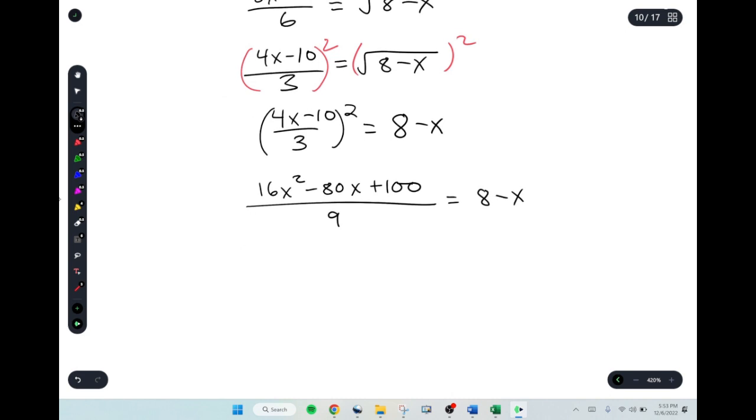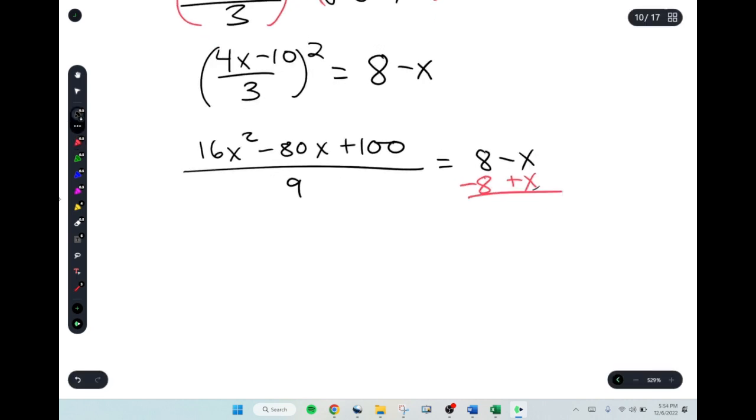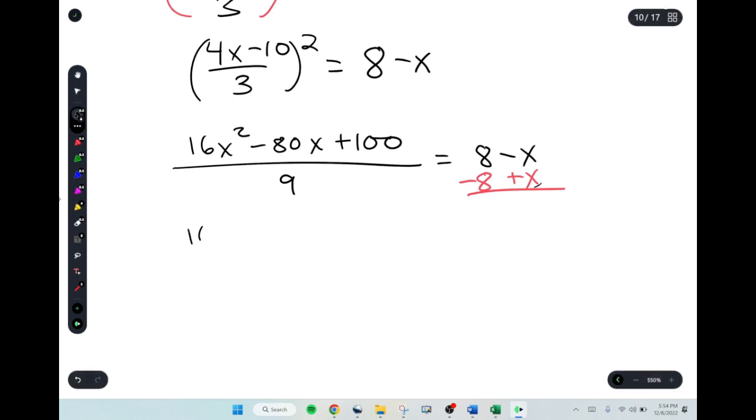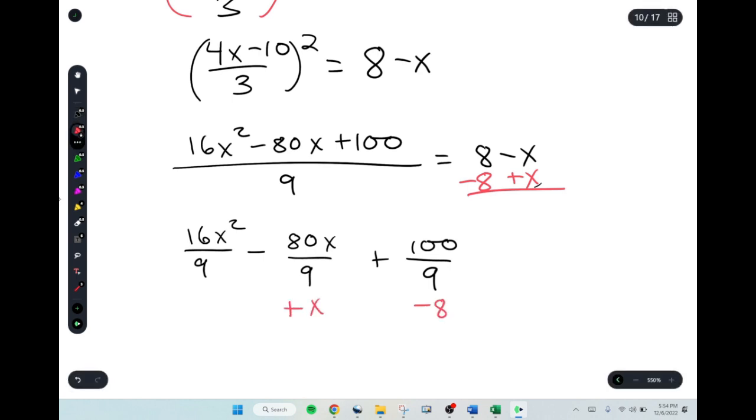This is fine. Now what do I do with those two numbers on the right side? Move them over. Okay, this is where it's not pretty and it won't happen on the test. You should get 16x squared over 9 minus 80x over 9 plus 100 over 9 minus 8 plus x equals 0, right?